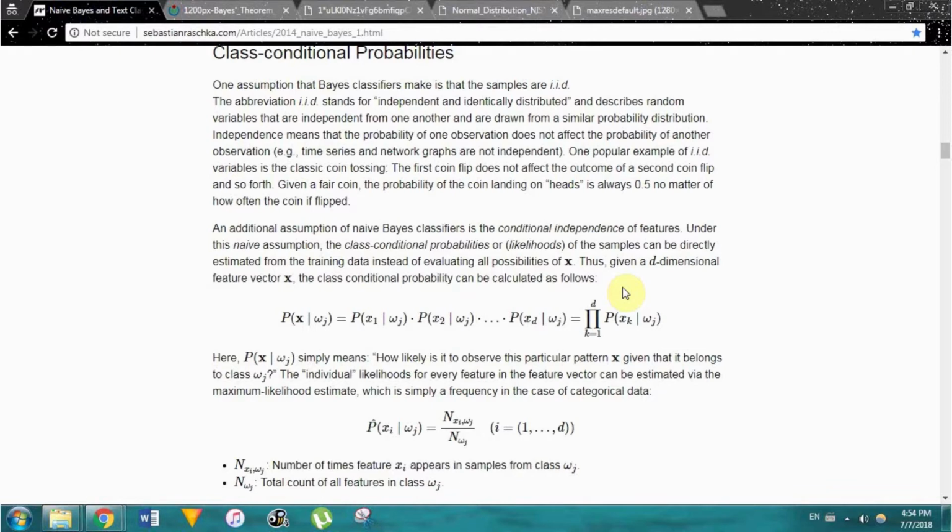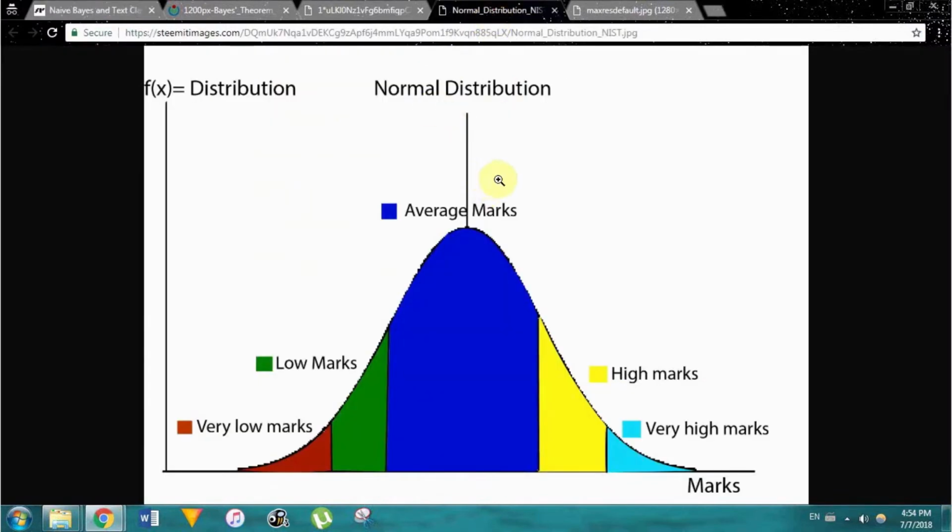So, what is identically distributed? This means that we assume that the points form a normal distribution. As you can see, a normal distribution means that the points are evenly distributed in the data space around their most probable point, which is the highest point. Which means that they're not skewed in one direction or another, affected by some outside thing that is telling, okay, here we have more, here we have less.